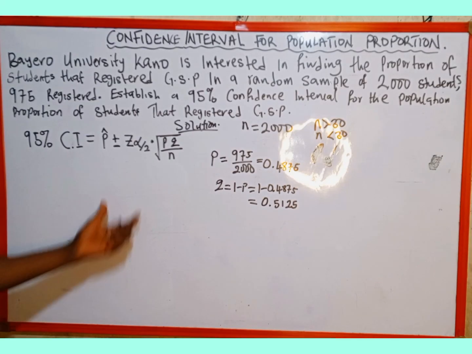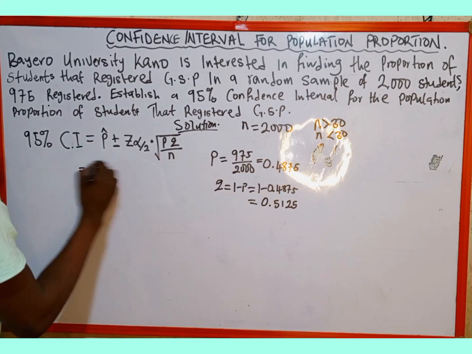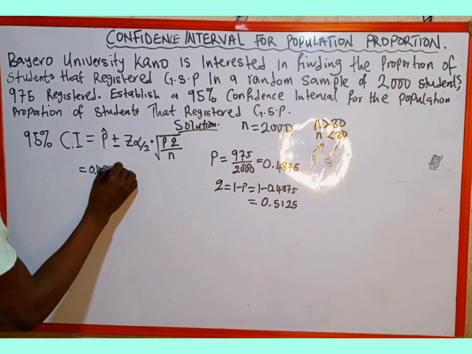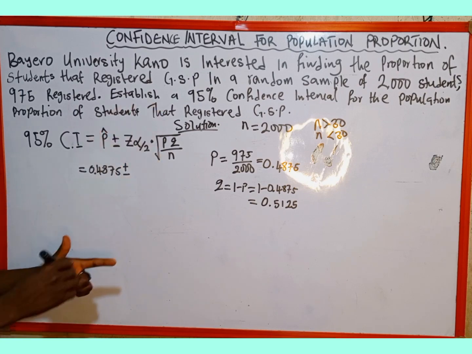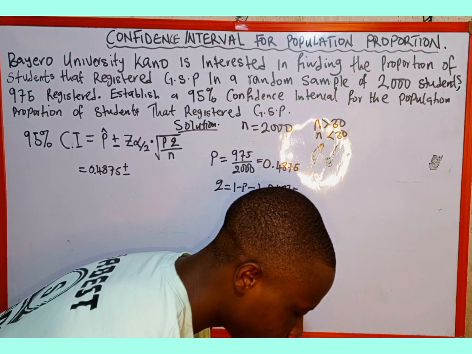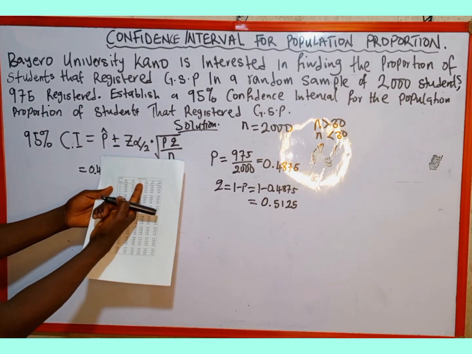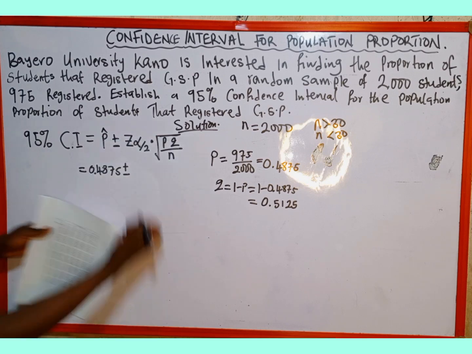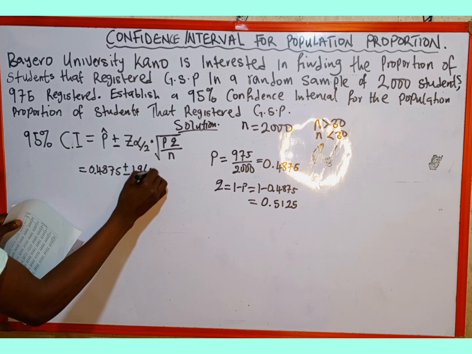So we can substitute into this formula now. P calculated is 0.4875 plus or minus Z for the 95% confidence interval. We're going to read it from the statistic table. So for the 95% confidence interval, the value of Z here is 1.960.